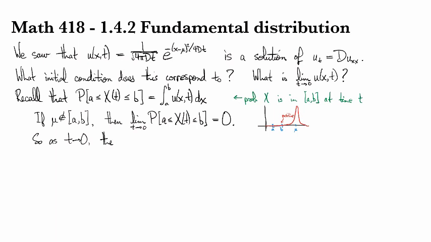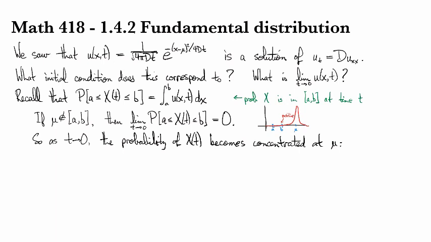So, conclusion: the probability of our random particle becomes concentrated at the mean. And in the limit, the entire probability measure is going to be right at mu.